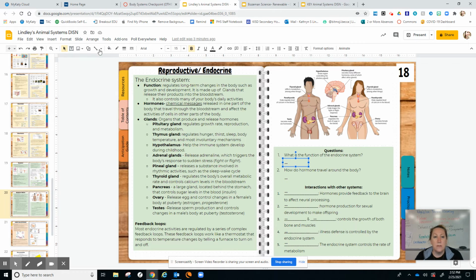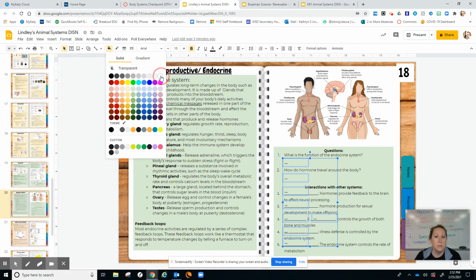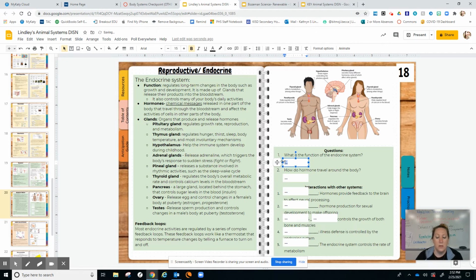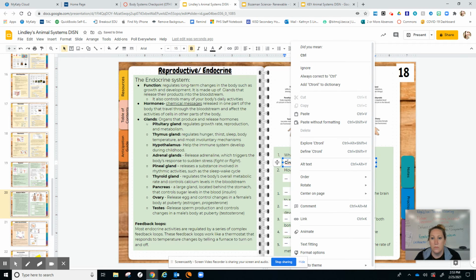So what is our function? Our function is to control and regulate hormones.